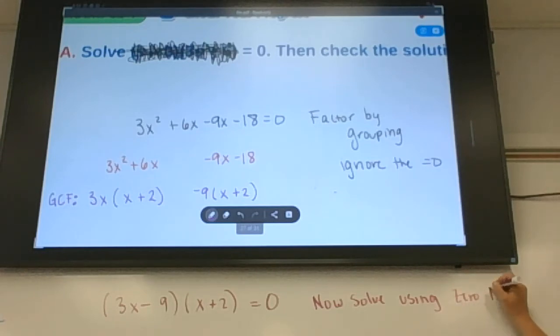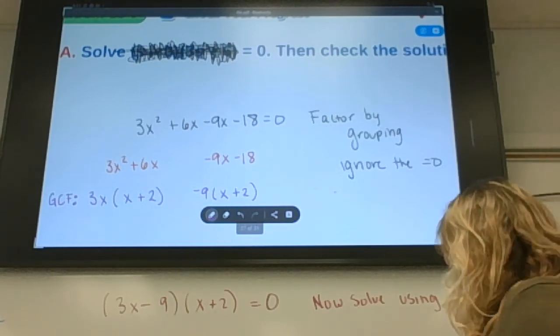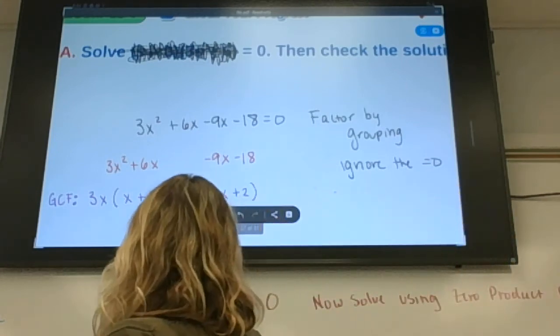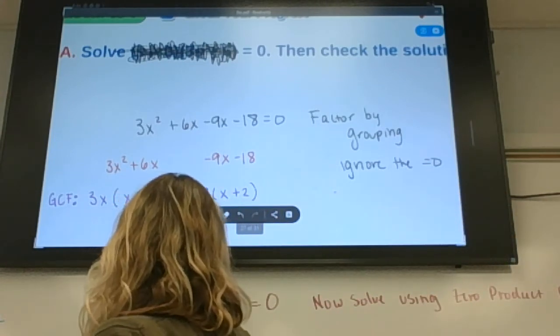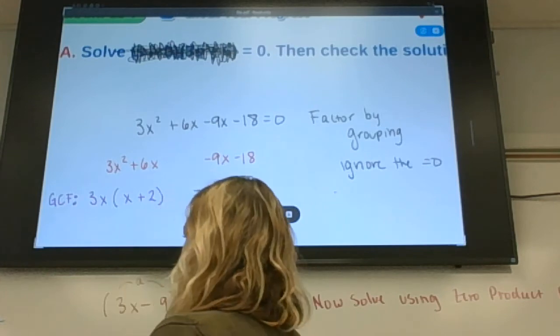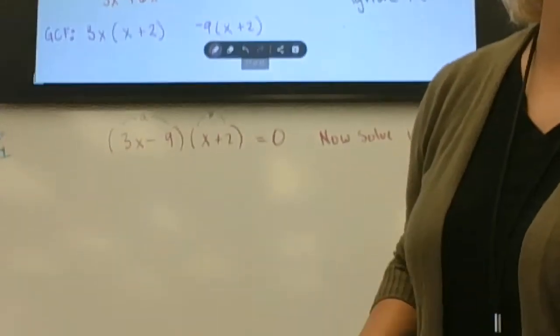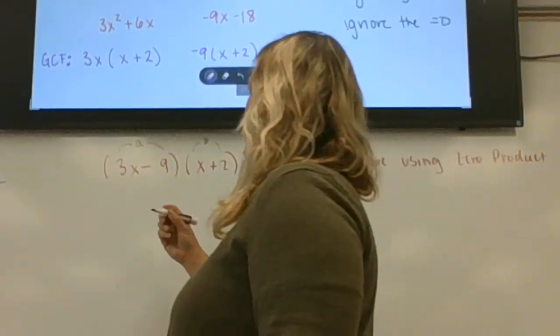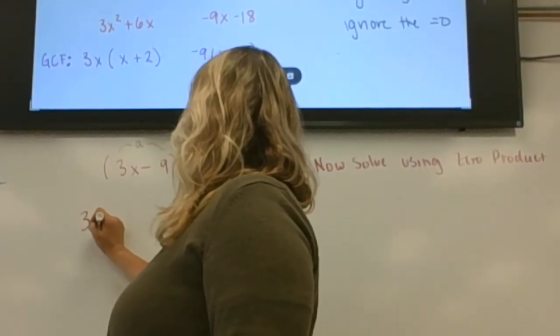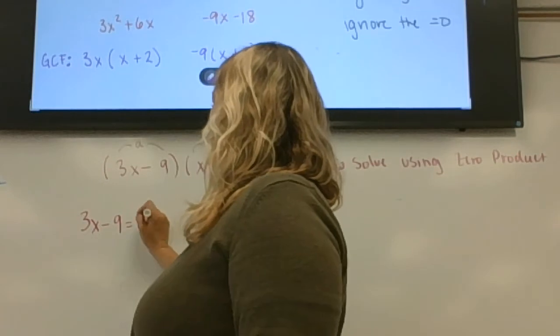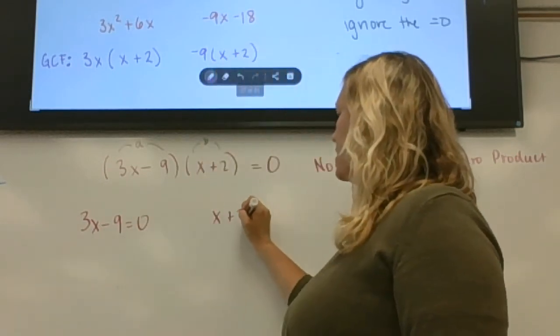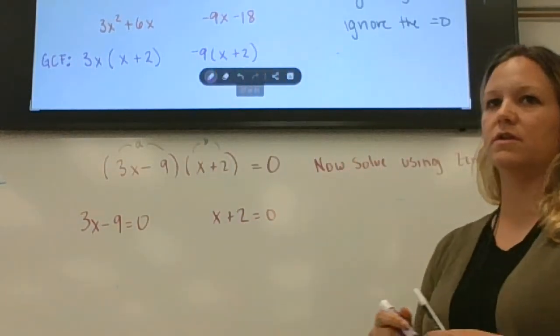What is that? You just make those things equal 0. So this is called A, and this is called B, right? And if A times B equals 0, either A equals 0 or B equals 0. So we're going to do 3x minus 9 equals 0. You set up two little equations and you solve them both.